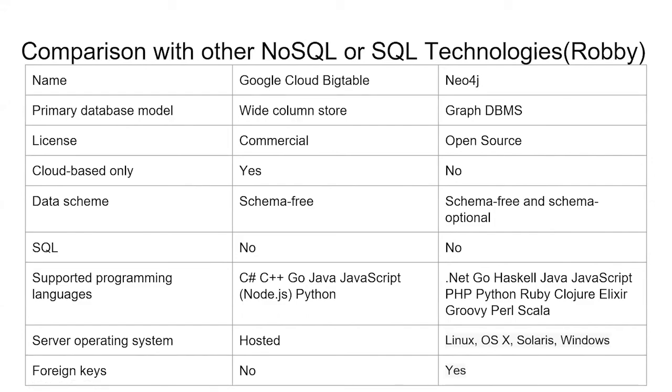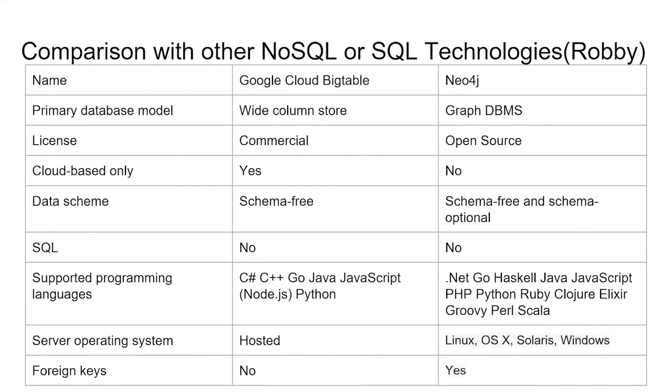Neo4j supports .NET, Go, Haskell, Java, JavaScript, PHP, Python, Ruby, Clojure, Elixir, Groovy, Perl, and Scala. Bigtable is hosted.